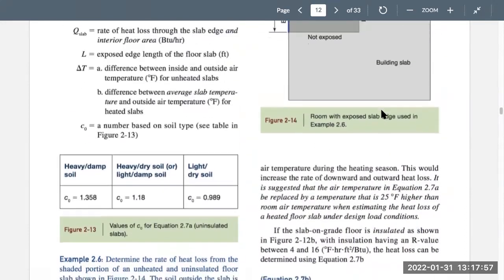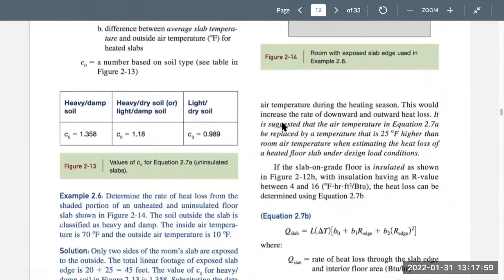They go on to talk about if you have an insulated floor, like you've got water tubing underneath your floor, hot water that heats your floor, then they say it is suggested that the air temperature in equation 2.7a be replaced by a temperature that is 25 degrees higher than room air temperature when estimating the heat loss of the heated slab floor under design load conditions.